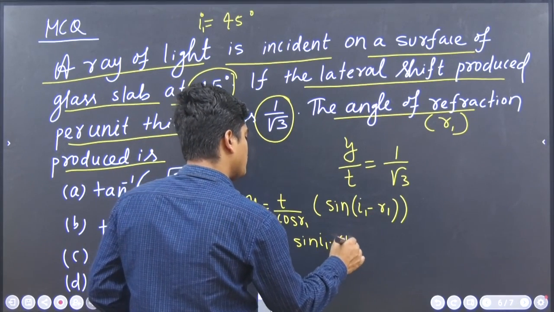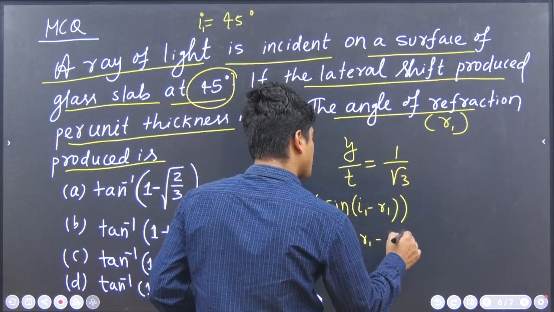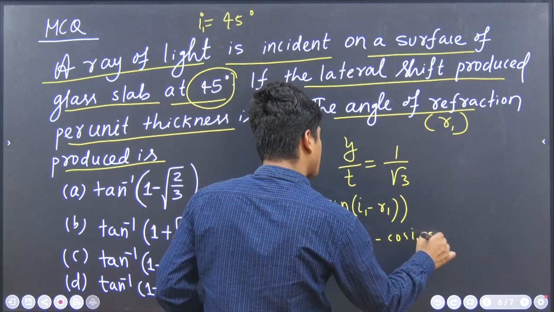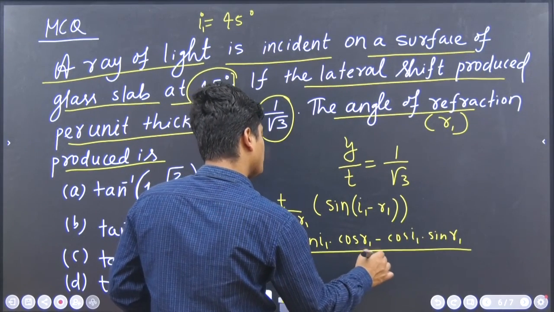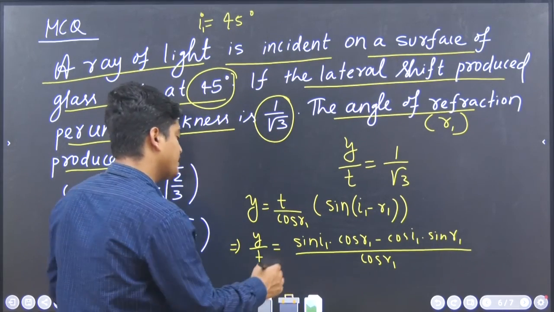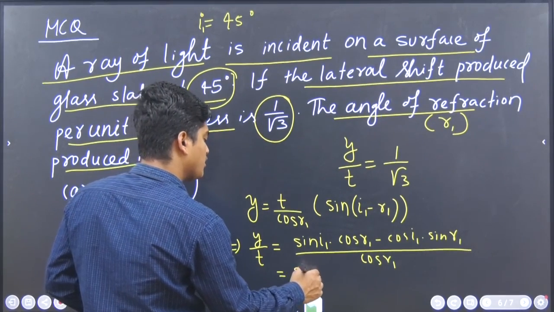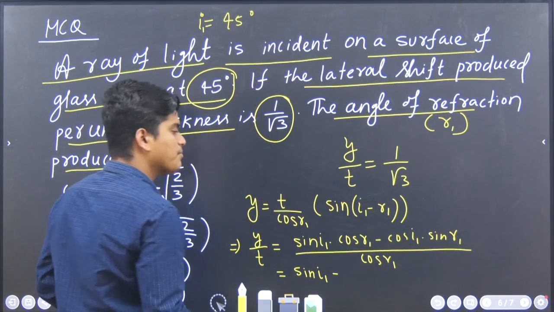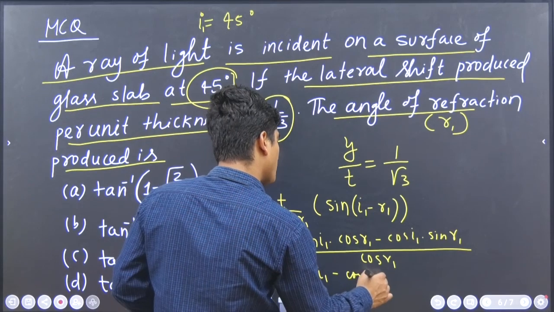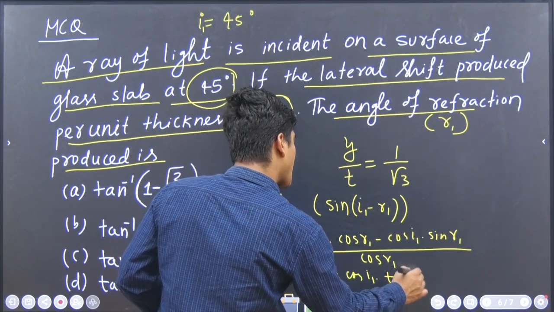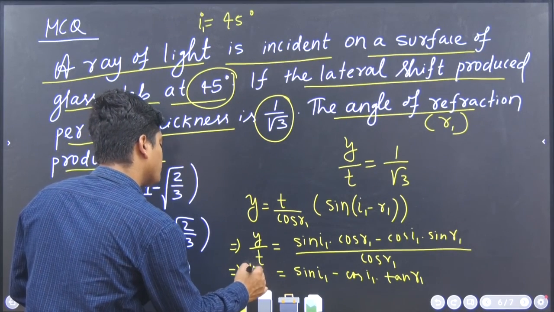It is sin I1 cos r1 minus cos I1 sin r1, divided by cos r1. Now cos r1 cancels, and we get sin I1 minus cos I1 into tan r1.